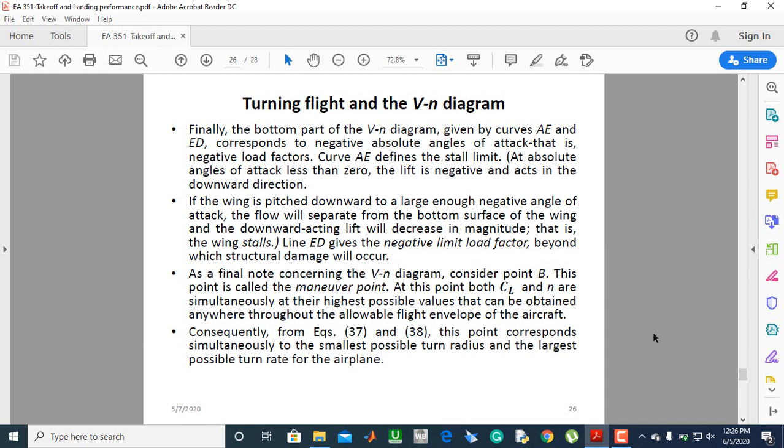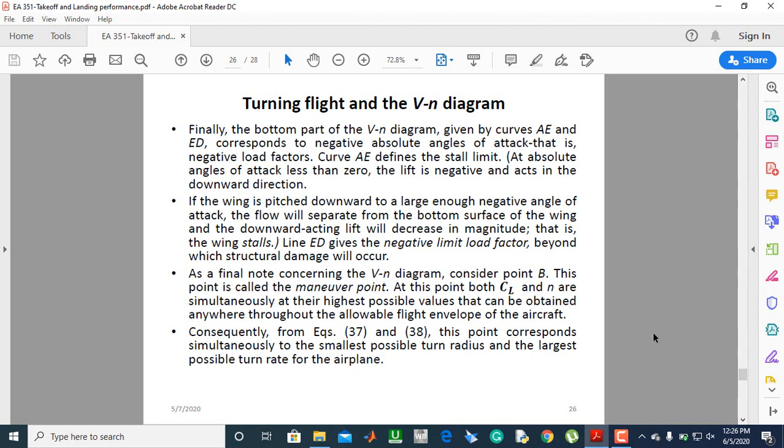At absolute angle of attack less than 0, the lift is negative and acts in the downwards direction. If the wing is pitched downwards to a large enough negative angle of attack, the flow will separate from the bottom of the wing, and the downwards acting lift will decrease in magnitude and the wing stalls.